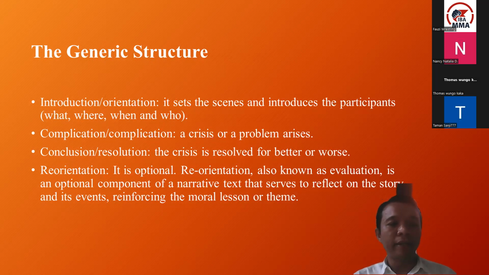The first one is introduction, or in other words, it is called orientation. It sets the scenes and introduces the participants. Here, there are WH questions used. For example, what, where, when, and who.